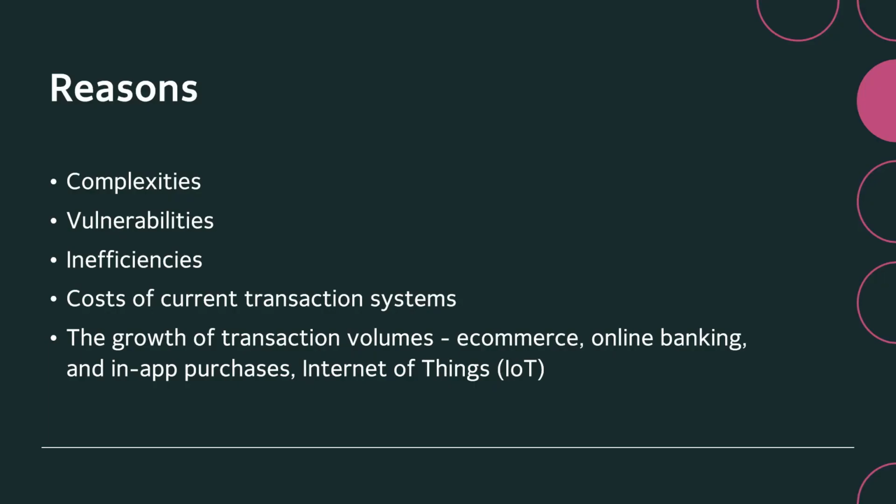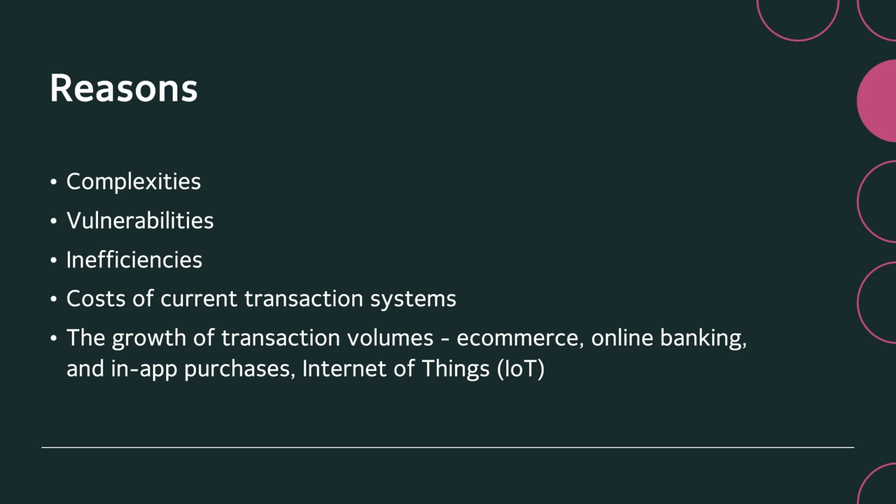A few of the reasons why this needed a special kind of system to store financial transactions is that there are a lot of complexities when we are dealing with them. They can be exposed to a lot of vulnerabilities, there can be inefficiencies, and the current transaction systems that were getting used were very costly.